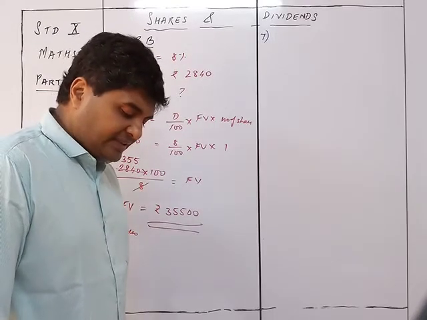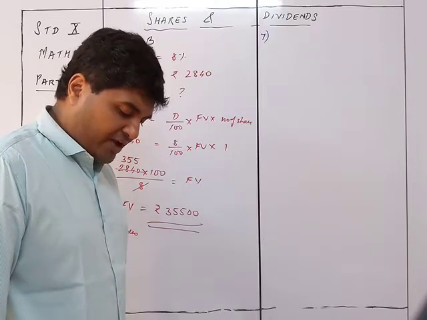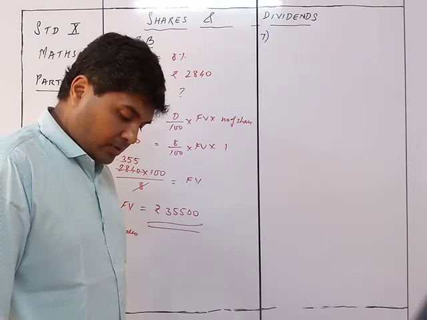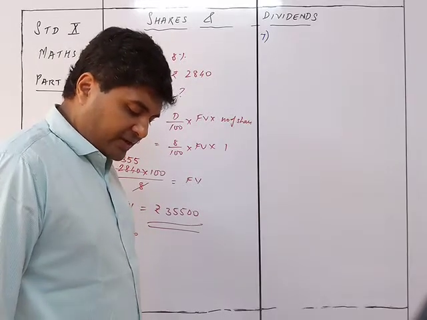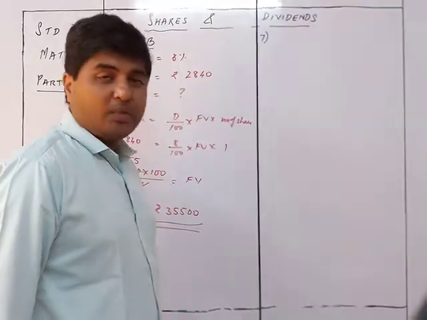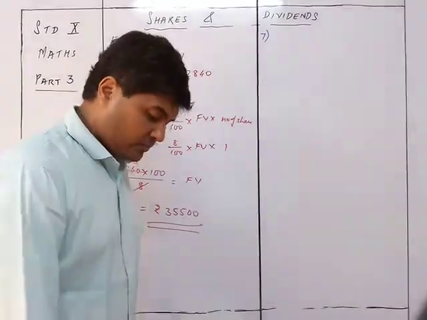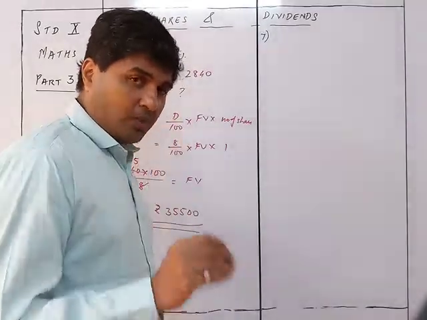If its rupees 60 share is available in market at a premium of 25%, how much should Rakesh invest in buying the shares of his company in order to have an annual income of 1680? Okay. Let's write down one by one the data and then we'll talk about what is to be found out.